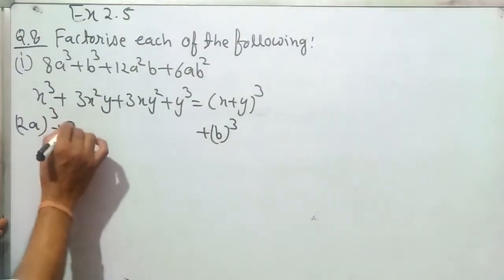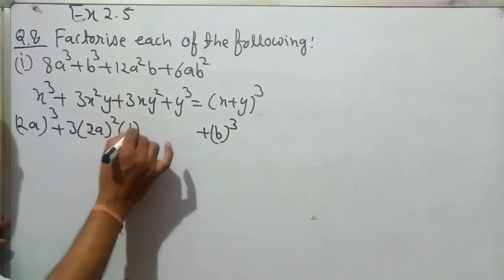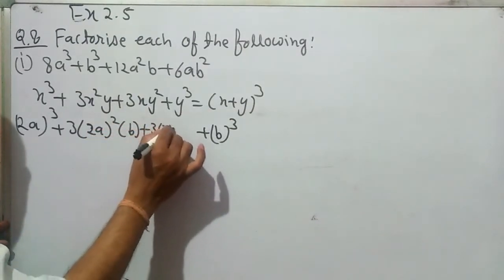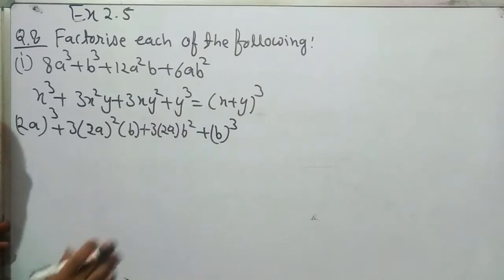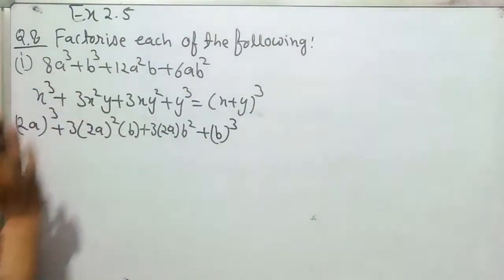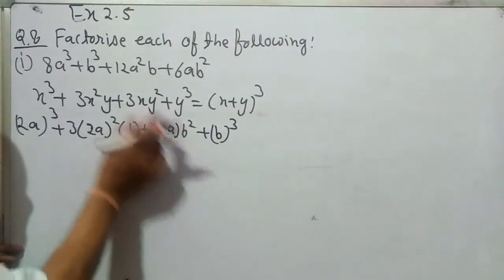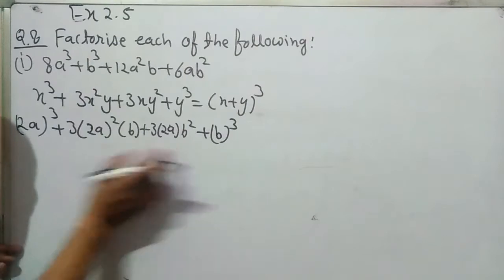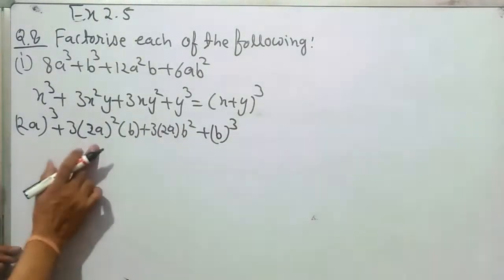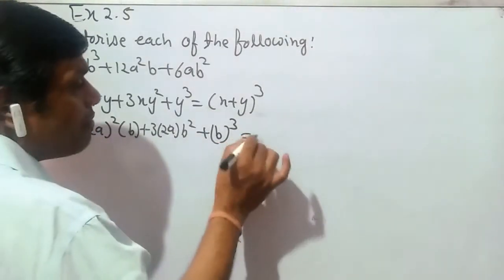Let us match these terms. It should be 3 into twice a square into b plus 3 into twice a multiplied by b square. That's 4, 3 are 12, a square b. That's 6, ab square. That means the given expression is matching x cube plus 3x square y plus 3xy square plus y cube.